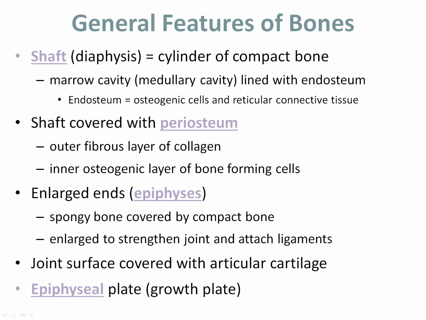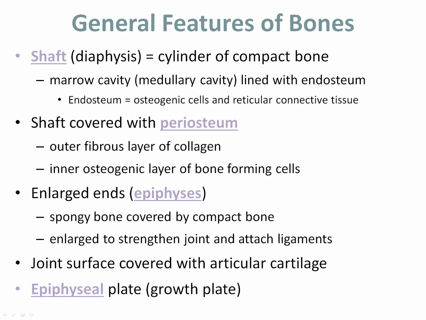The enlarged ends of the bones are called epiphyses. These are spongy bone covered with a thin layer of compact bone, and they are enlarged to strengthen the joint and provide a location for ligaments to attach.